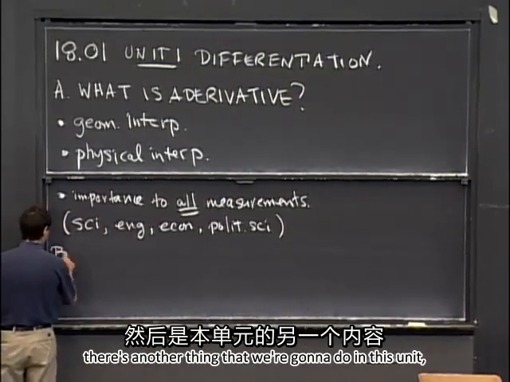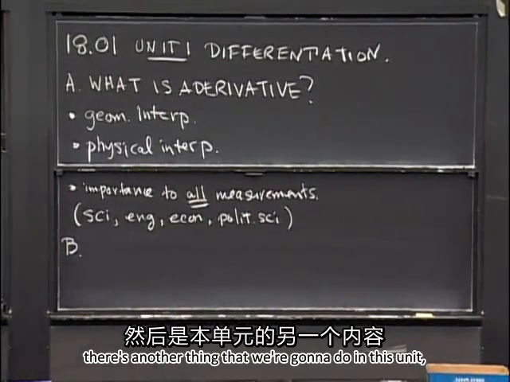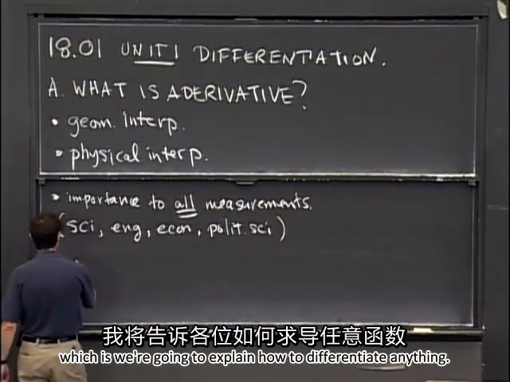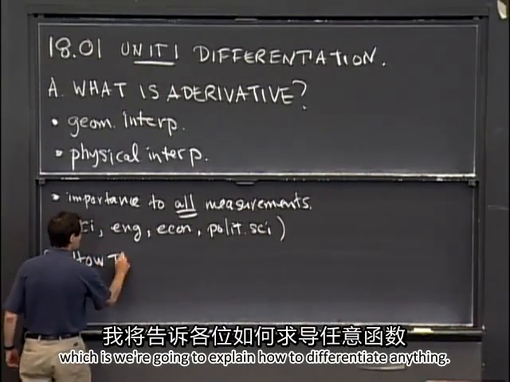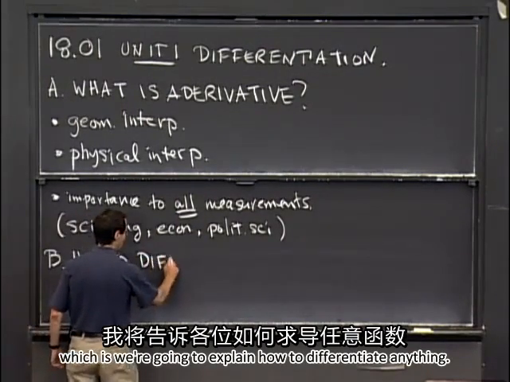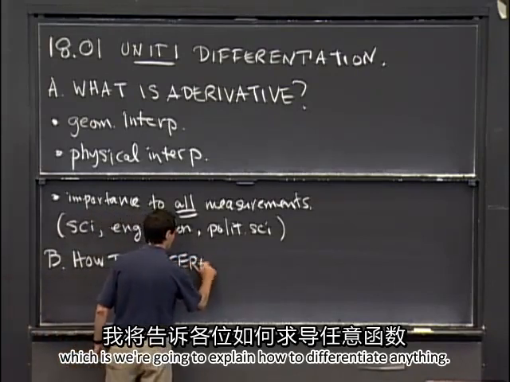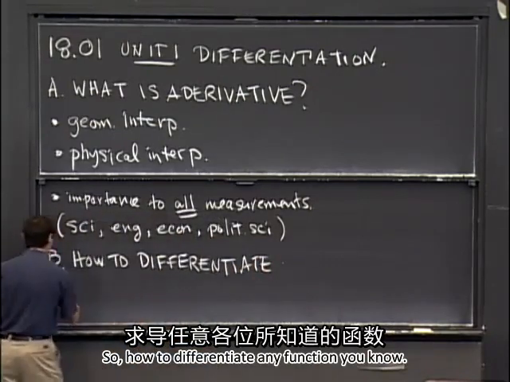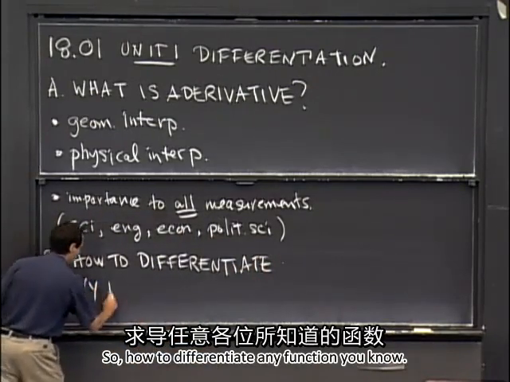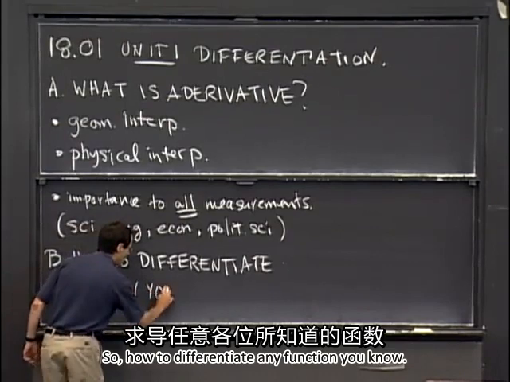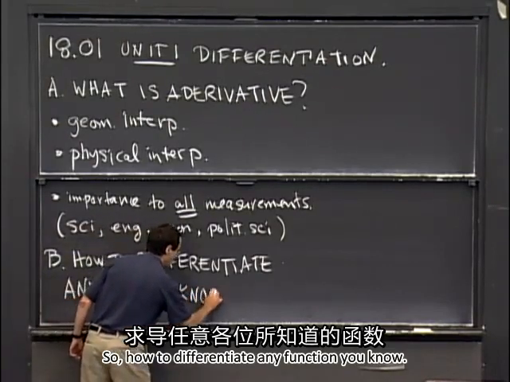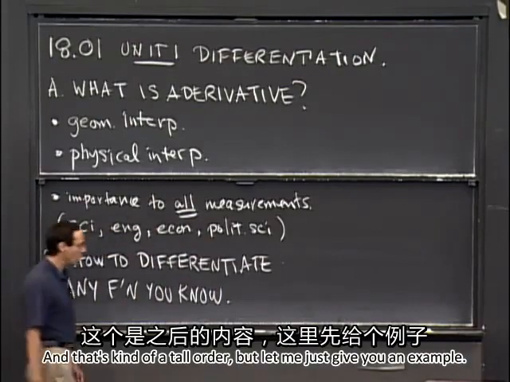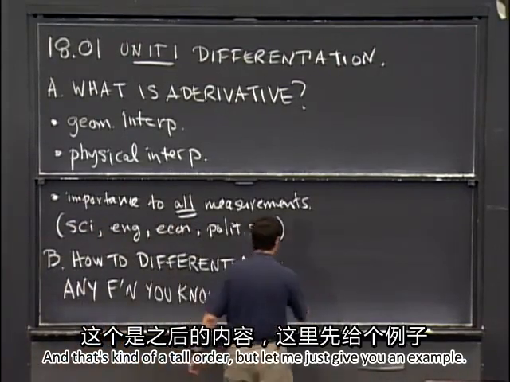And then there's another thing that we're going to do in this unit, which is we're going to explain how to differentiate anything. So how to differentiate any function you know. That's kind of a tall order, but let me just give you an example.